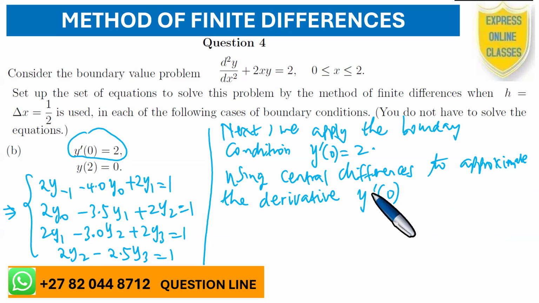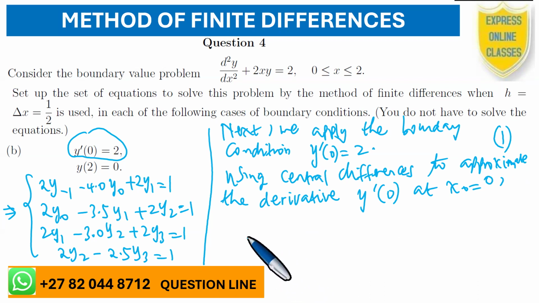Right, so we're going to use central differences to approximate the derivative y prime at 0, at x0 equals 0. Let us call this one equation 1 from the equation star.